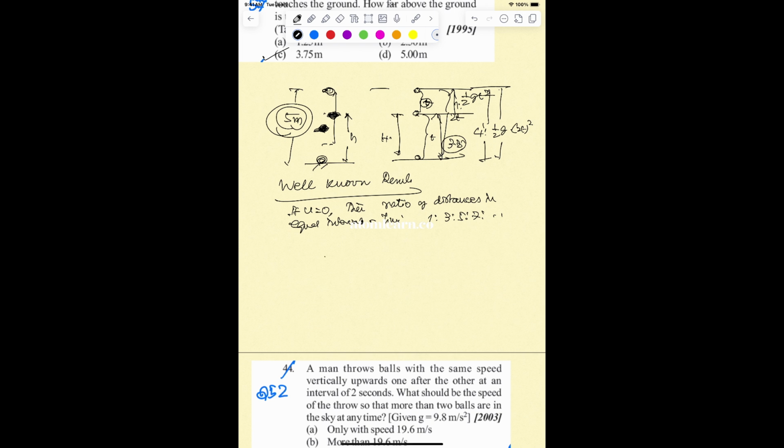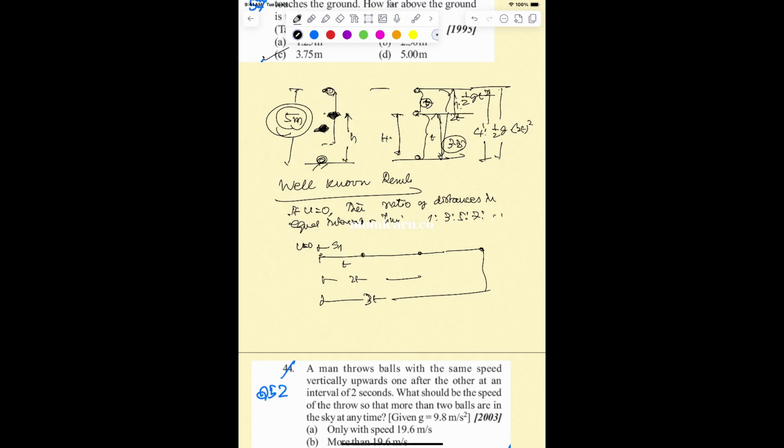The same thing can be from horizontal straight line motion also, starting from u equal to 0 as a condition. After some time t it is going to be here, after some time 2t it is going to be here, after some time 3t it is going to be here.